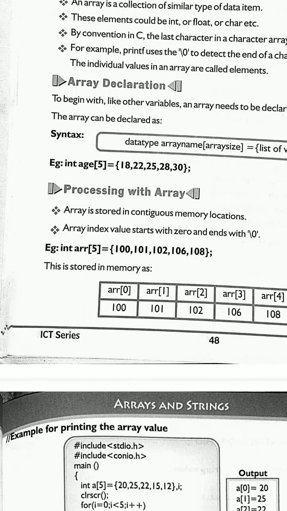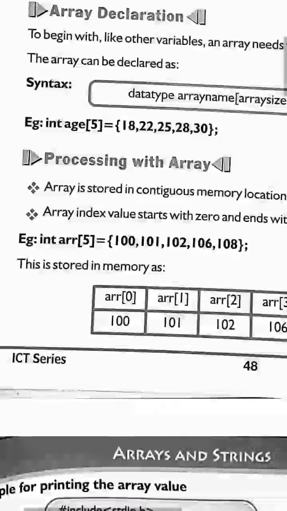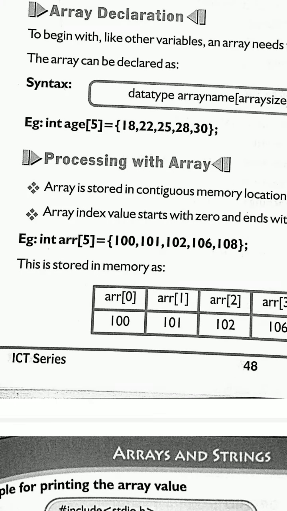So the name is one, but the values are different. Here they have given another example: integer data type variable ARR. ARR is the array name, and it also contains 5 values: 100, 101, 102, 106, and 108.